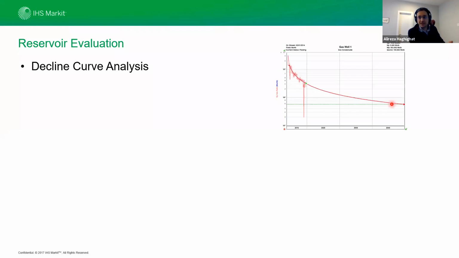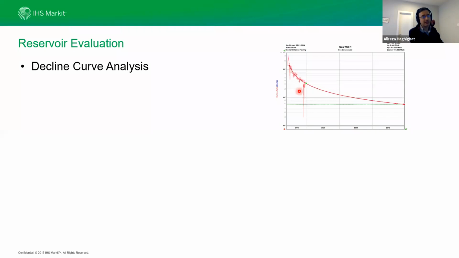Regarding the reserve evaluation, the total production of a well is considered as the well's reserve. So this is how we determine the reserve, and we call it EUR, or estimated ultimate recovery. So this is the first job of a reservoir engineer, to forecast the production of the well and then come up with the reserve value.